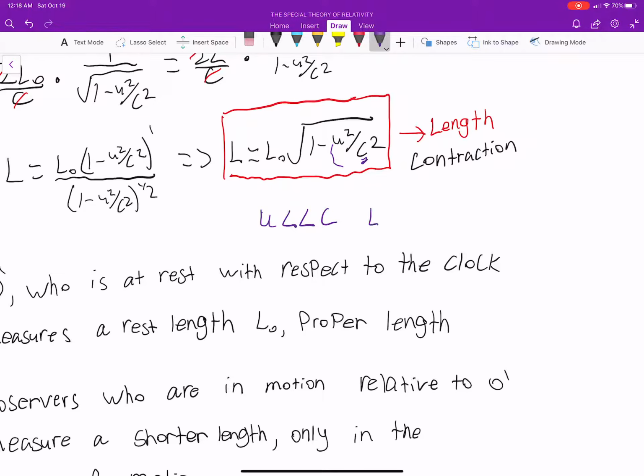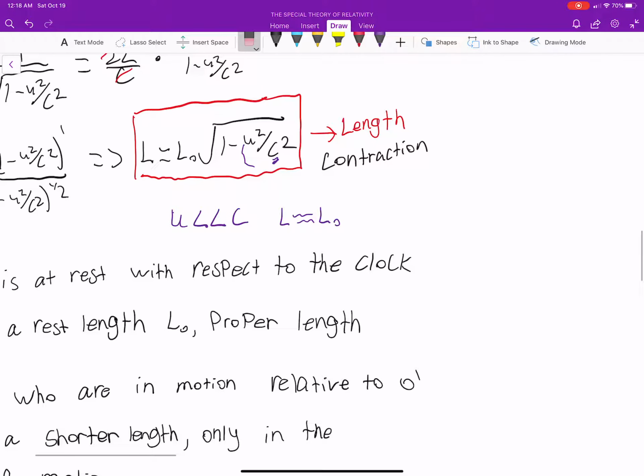So L is very, very close to L naught. Even if you're going really fast, because the speed of light is so fast, if you're dealing with a rocket ship or a bullet, or something not going very, very fast, you're not really going to see any length contraction. It's going to be so incredibly small. The human eye wouldn't even be able to detect it. So for that reason, we don't see this in our day-to-day lives.